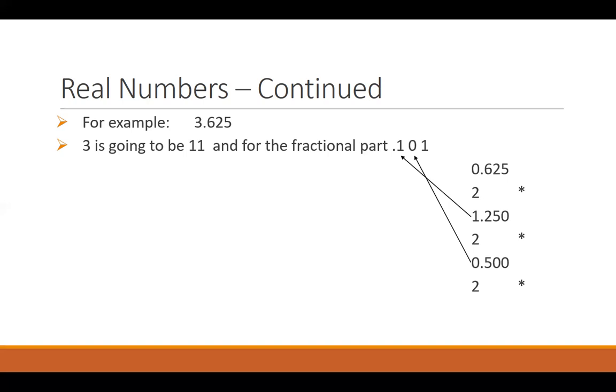And we would multiply that 0.500 by 2, and we would have 1.000, and the 1, the integer part, is going to be included in the answer. As my fraction has now been reduced to 0, I do not have to continue my multiplication. I cannot continue. Multiplying by 0 would only result in 0.